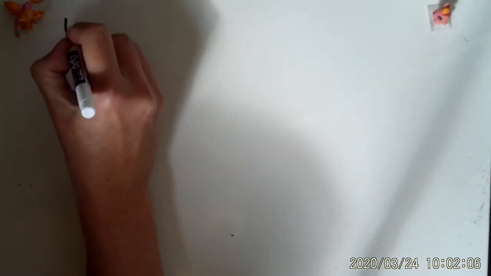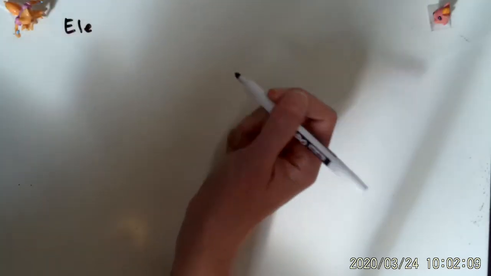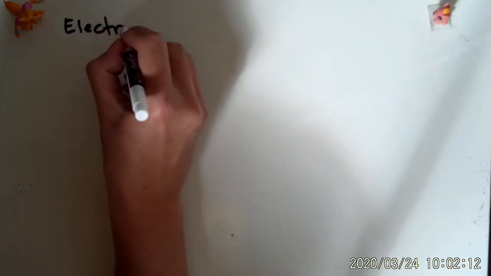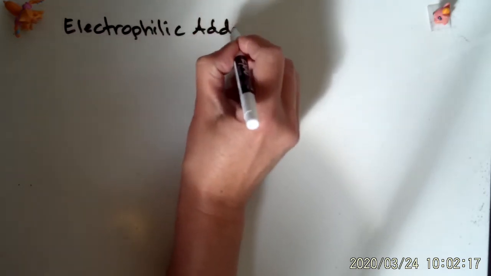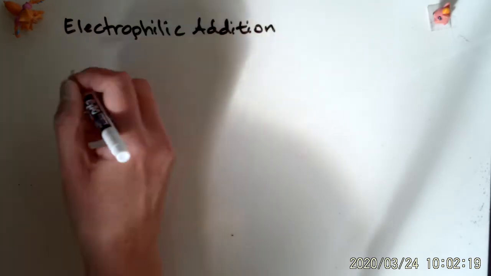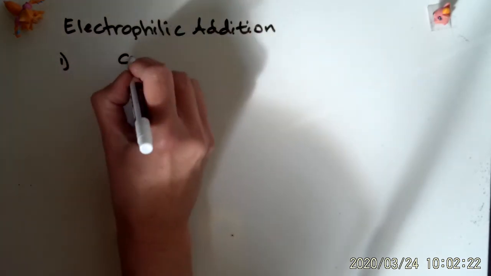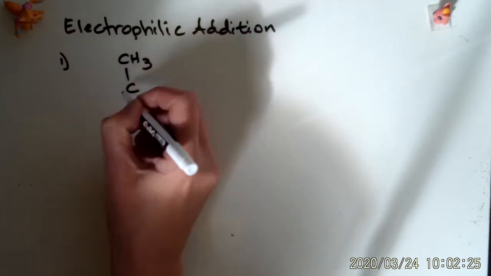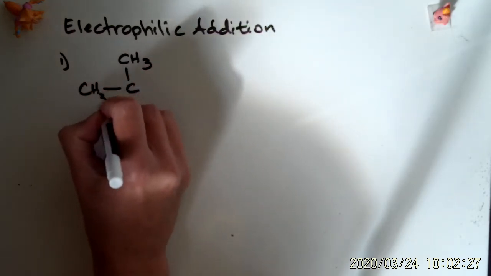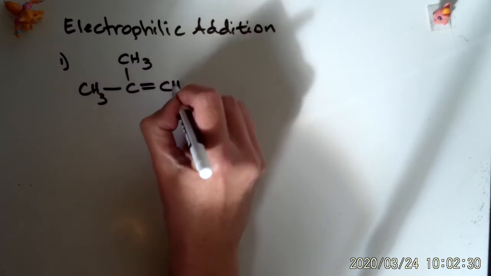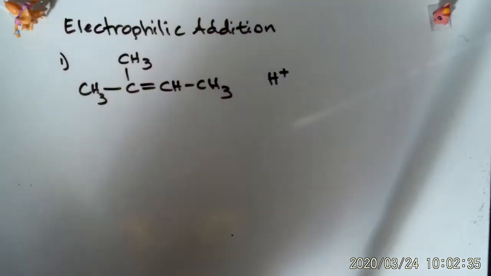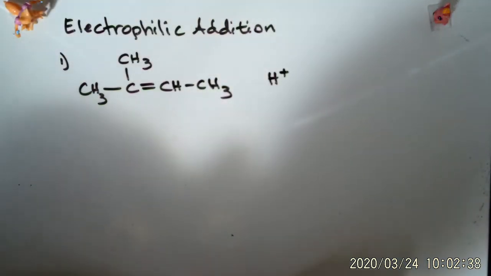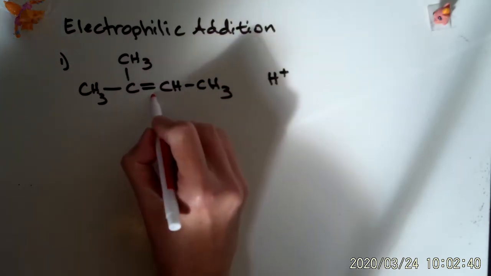The first step for an electrophilic addition is the addition of the electrophile. So step 1 is that I take my 2-methylbutene and I add my electrophile. And there are two ways I can add it.